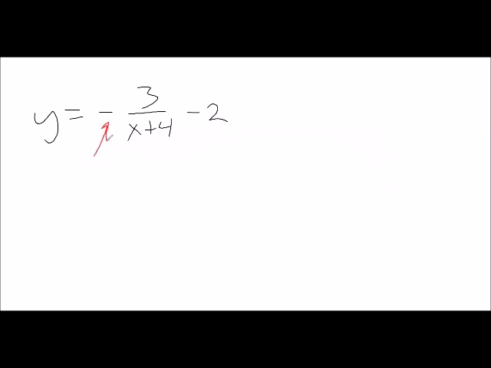So let's start with what the negative does. If we think about what a negative has done to all the other functions that we've graphed, what it's done is reflected our graph over the x-axis. So this is going to be a reflection. So instead of being in that upper right and lower left quadrant, we'll see that it's opposite. So it'll be in that upper left and lower right.